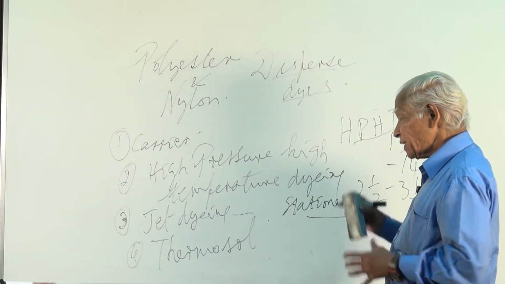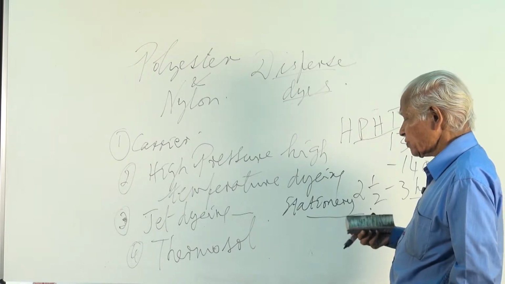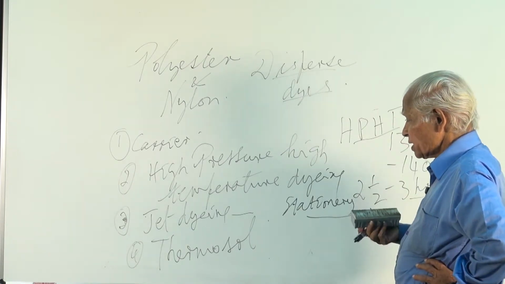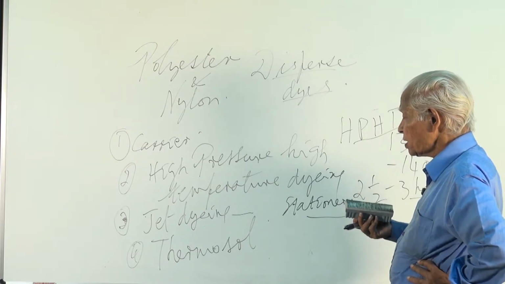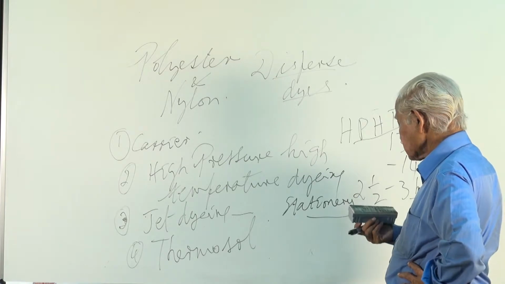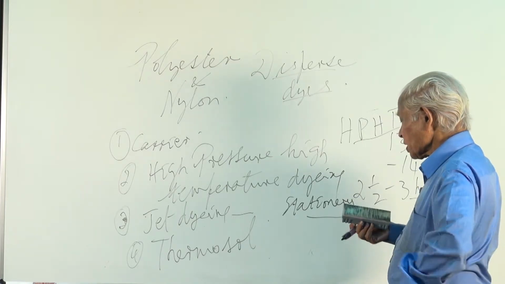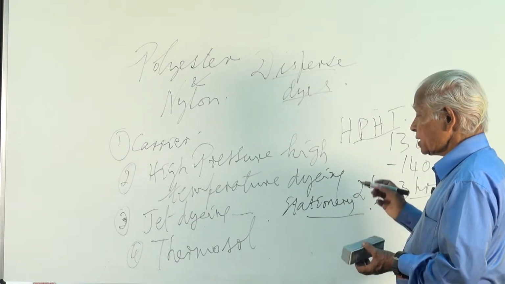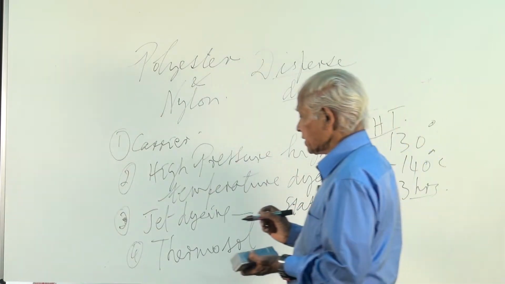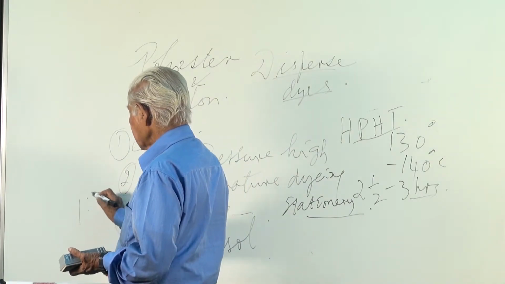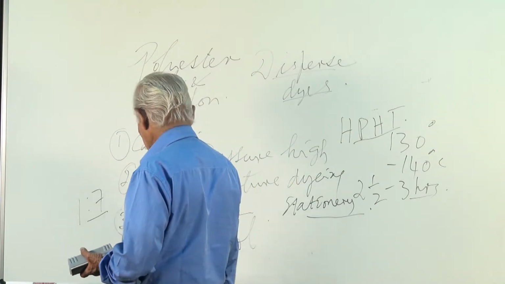And jet dyeing is also used in the dyeing of knitted fabrics, that is high temperature dyeing in the case of the knitted fabric, and we get very good shades. In jet dyeing, the material to liquor ratio used is also much less, say about 1:7 instead of 1:30.